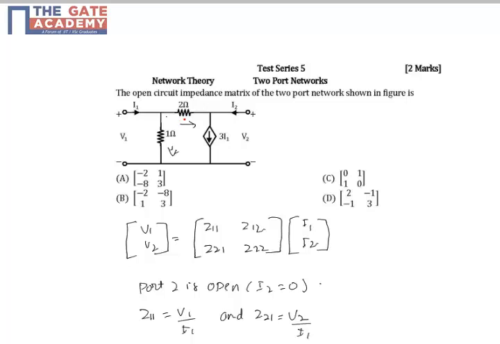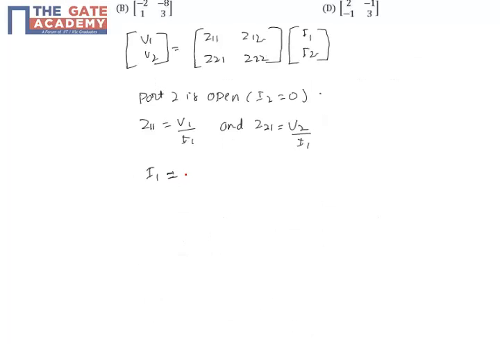Whatever current is coming through the 2 ohms resistor should be equal to 3I1. Now using that, I1 is equal to V1 by 1, which is V1 plus 3I1. So that means V1 is equal to minus 2I1, from which we get Z11 is equal to minus 2.